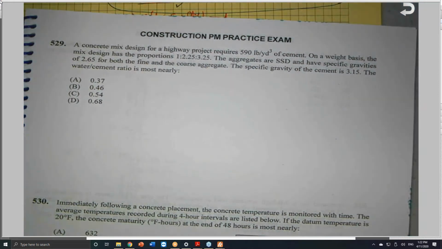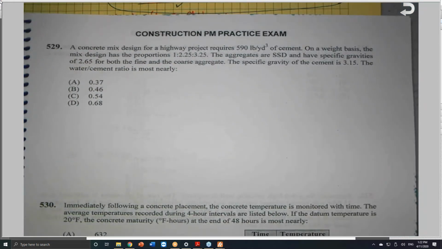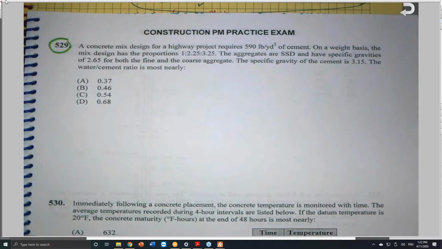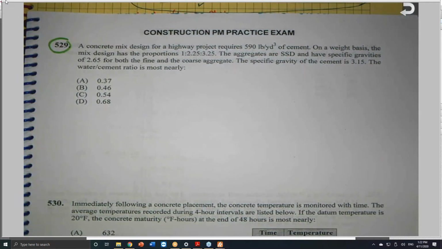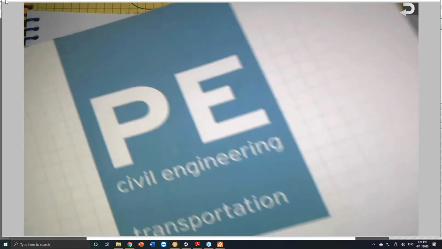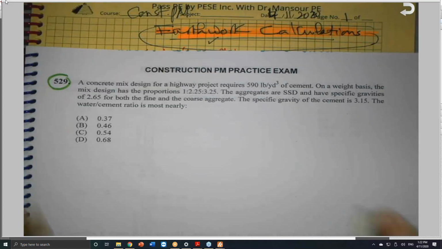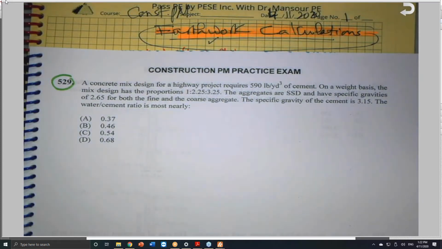This is the construction PM, the blue book. This is problem 529. If you have the NCEES, this famous blue book, I call it the blue book, and you read this problem, if you have it handy, that's good.